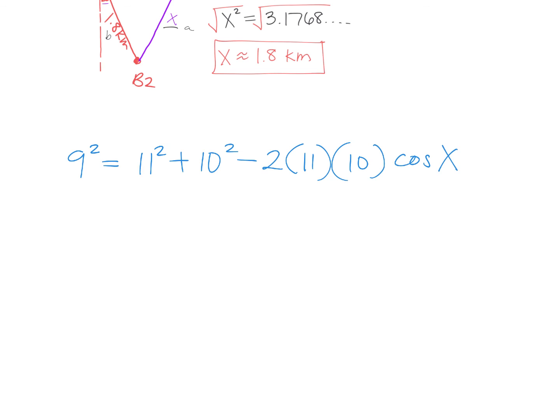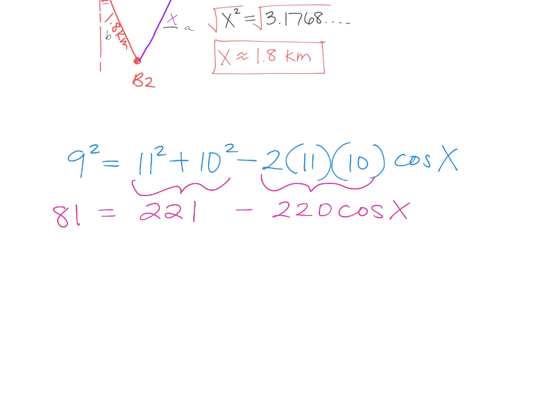So I would simplify this, 81. I would simplify this, 11 squared plus 10 squared is 221. And then I would simplify this, 2 times 11 times 10 is 220 times the cosine of x. What should I do next?